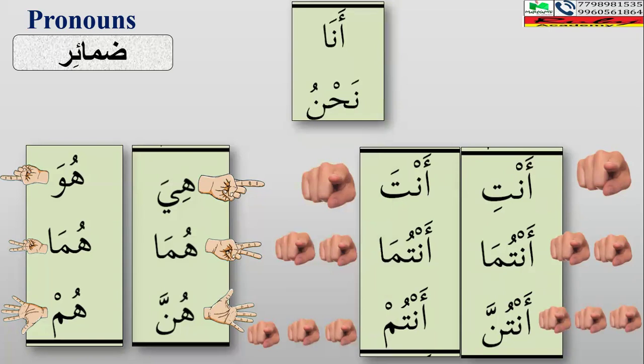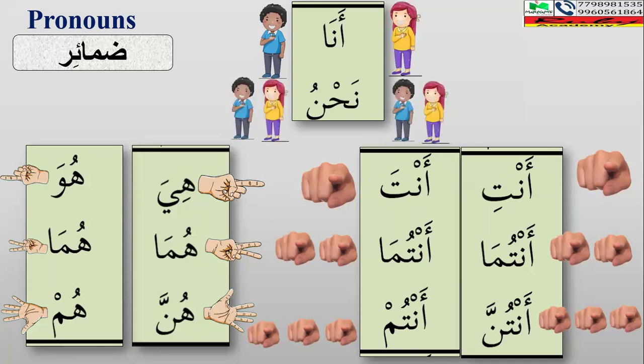Now point to yourself for ana. Ana will be either masculine or feminine. We use the same for both. If there is a boy, he can say ana, I. If there is a girl, she would say ana, I. So we use ana for the singular, either feminine or masculine. And nahnu, we, can be used for two or more than two, the same, we. So use one finger for ana and more than one finger for nahnu.